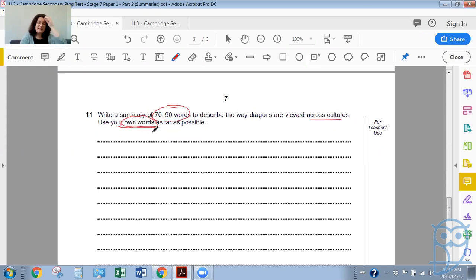So this is very important, and it's tricky because yes, you can put ideas into your own words, but you'll find when you want to start putting things into your own words, you might bring ideas into the summary that aren't there. Don't do that. Okay, stick to the ideas that are in the summary. And also, you might find that with some technical words, let's call them technical terms, that you cannot replace them.